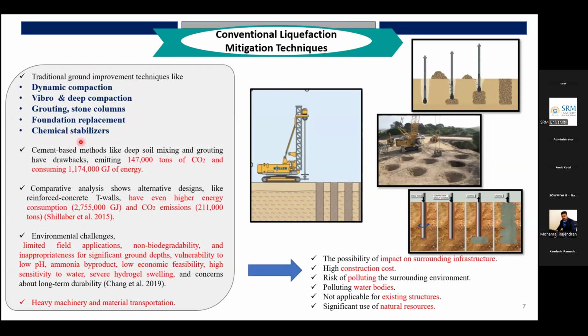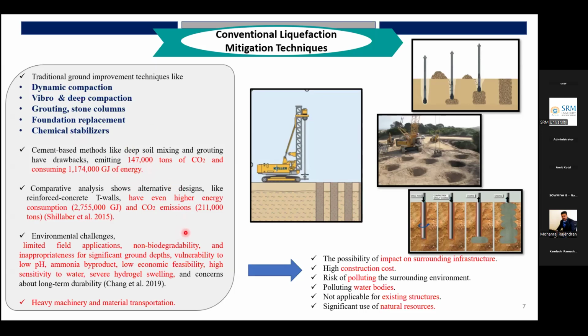Many of these methods are basically cement-based methods. These cement-based methods, like deep soil mixing and grouting, have drawbacks, emitting almost 147 tons of CO2 and consuming 11,74,000 kilojoules of energy. So you can imagine how much CO2 we are producing and how much energy is being consumed by these conventional methods. So it is not at all a sustainable or environmentally friendly method.